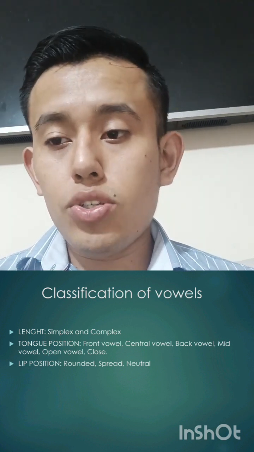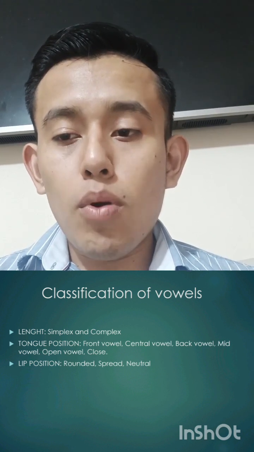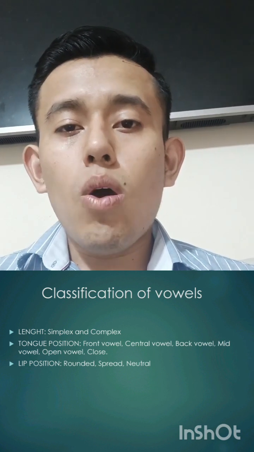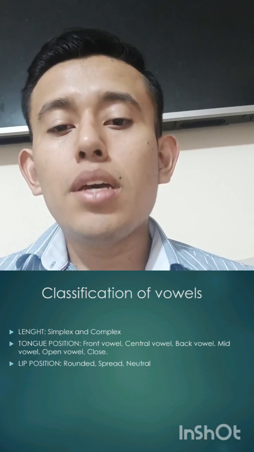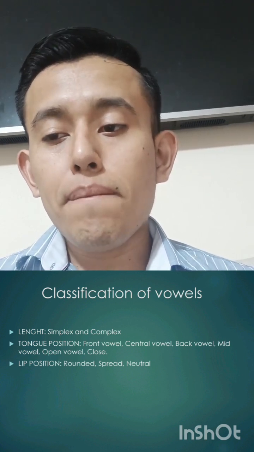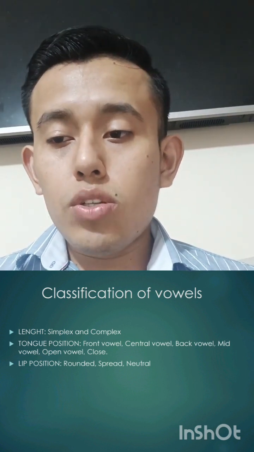Spread position, we have words like cheese, people, list. It's like you are smiling. Live, people, cheese. Okay. And the third is neutral position.